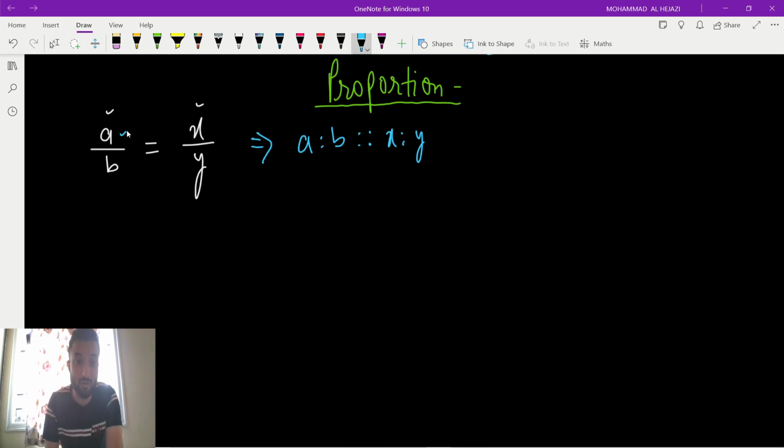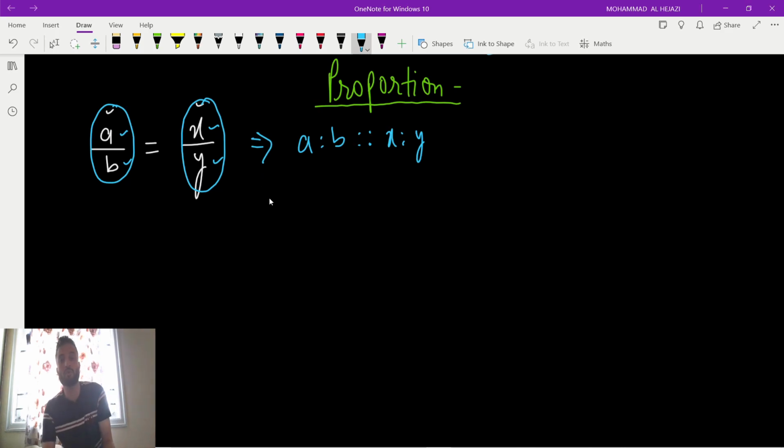In proportion also these two quantities should be of the same kind and same unit, and these two quantities should have the same kind and same unit. It's not like all four quantities should be of the same kind and same unit. No, only these two quantities, and these two quantities. So understand, the proportion is what? When the two ratios are equal to each other, it is called proportion.